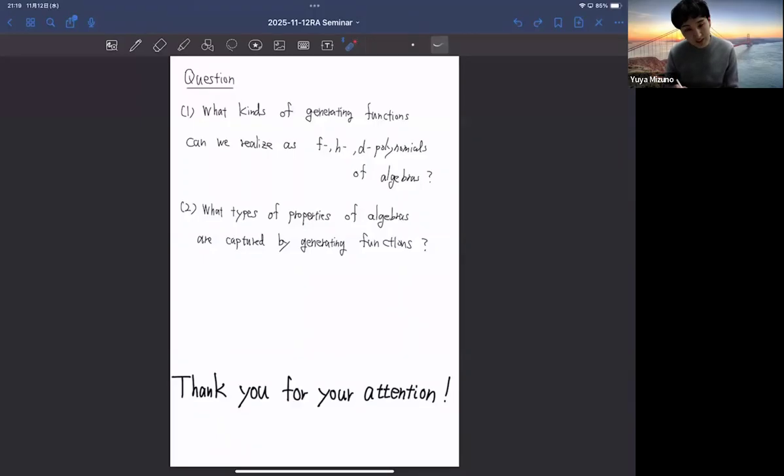We don't know what kind of properties provide this difference. So we hope generating functions show some properties of algebras. Probably no one has tried to consider these questions, so we are very happy if you are interested. Thank you very much for your attention.